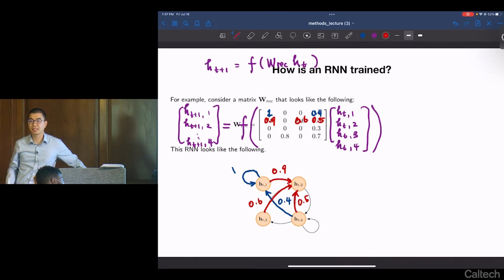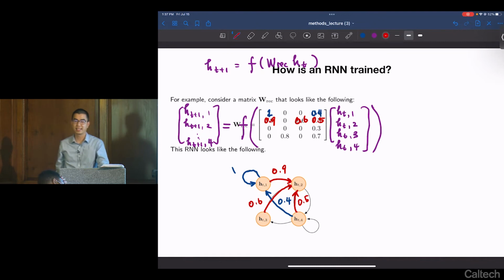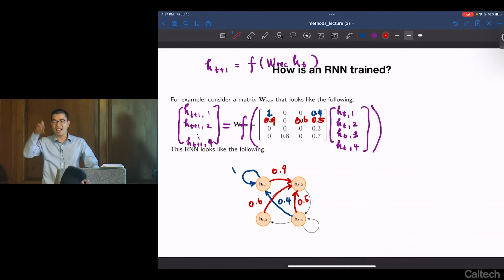Question? Can the weights be negative? The question is, can the weights be negative? Yes. So the question is then, what does it mean? So in a recurrent neural network used for neuroscience, actually usually in RNN modeling, you want to avoid negative activations.